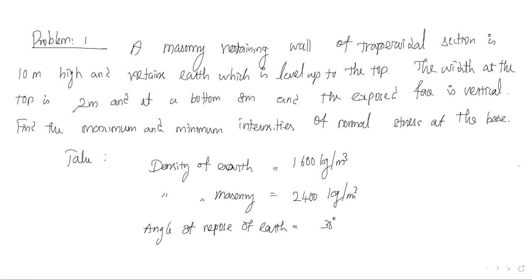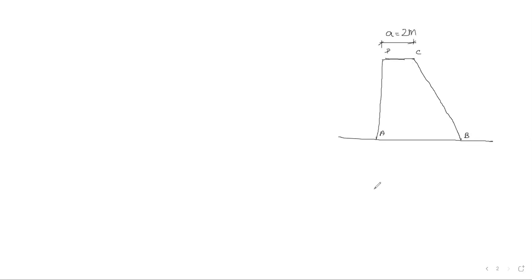So the face is vertical, they said. The top width A is equal to 2 meter and the bottom width B is equal to 8 meter.